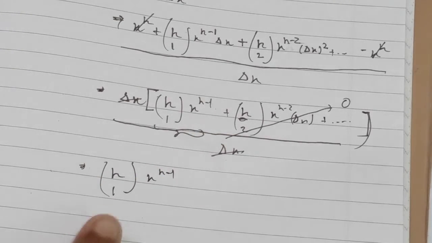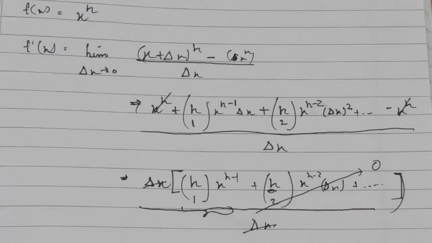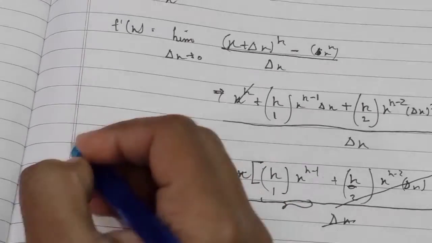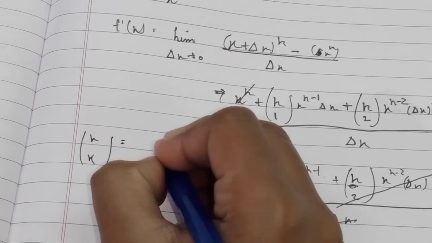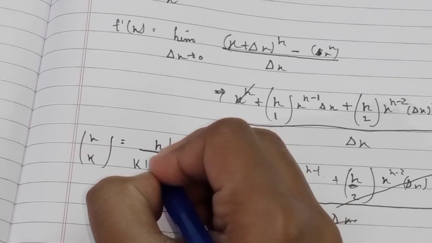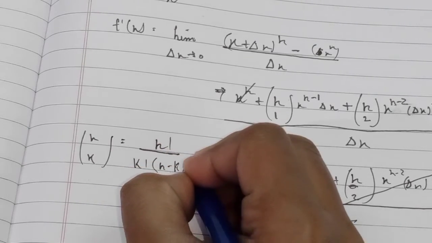Now for solving this we know that the formula for n choose k is n factorial upon k factorial into n minus k factorial.